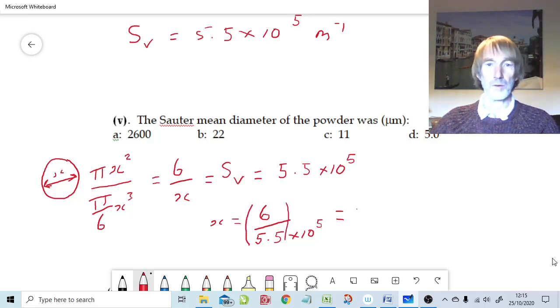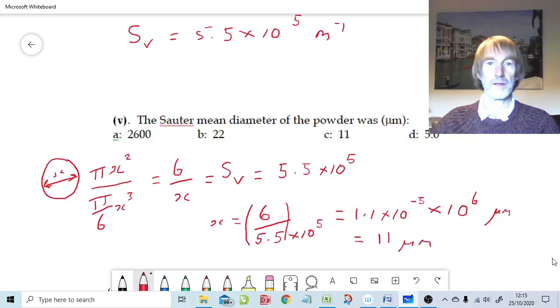So we know that's going to be 1.1 times 10 to the minus 5. And if we're going to convert that from being meters, which is what we're currently in, into microns, we need to multiply by 10 to the 6. There's 10 to the 6 microns in a meter. So that's now microns. In other words, that becomes equal to 11 microns.